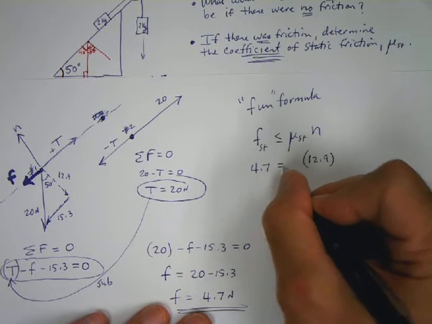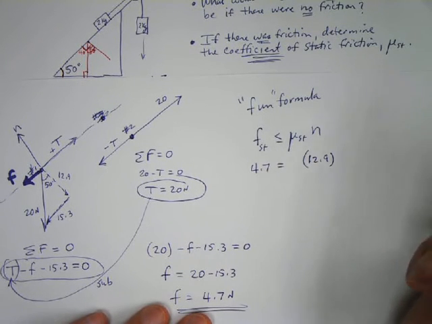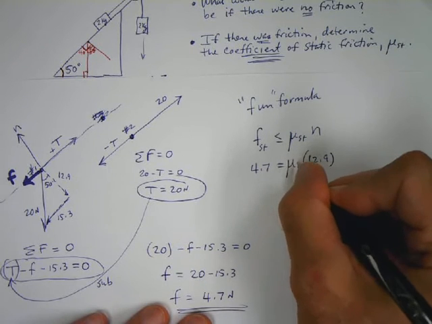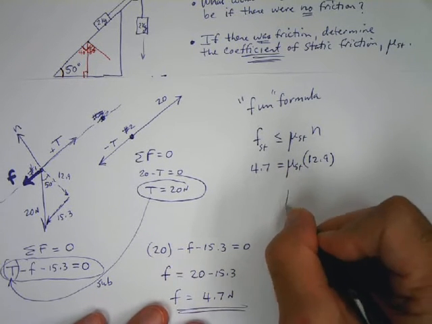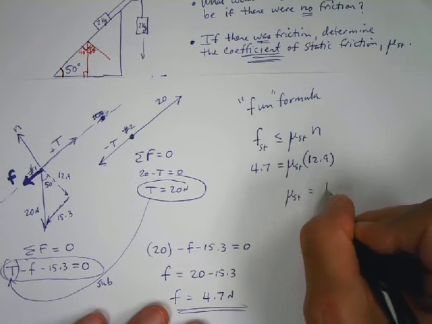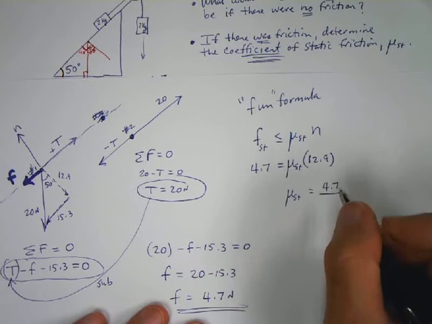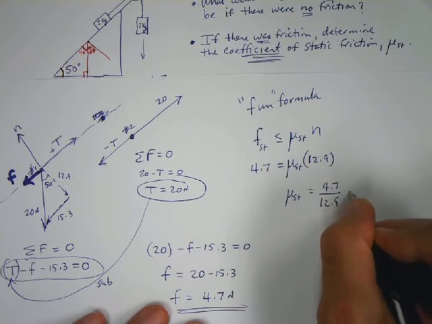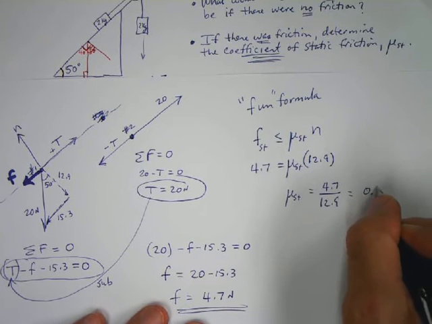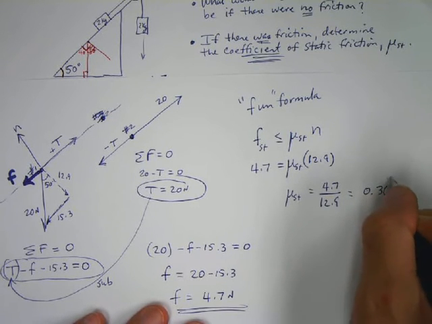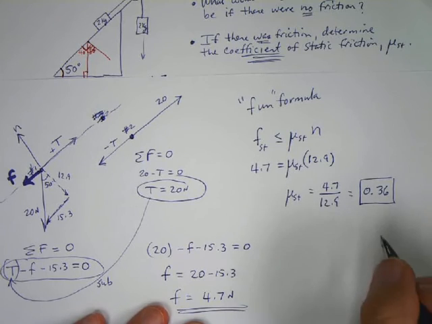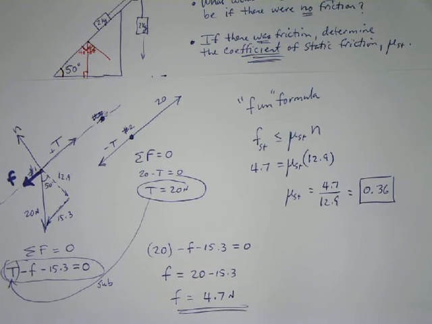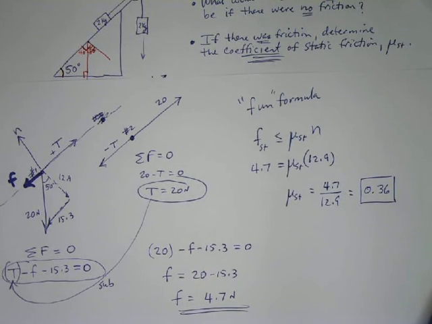I'll put that there. And we'll just set this equal to get our minimum value, and we can solve for mu. So mu then would be equal to 4.7 over 12.9, and that gives us 0.36. And that's our coefficient of static friction.